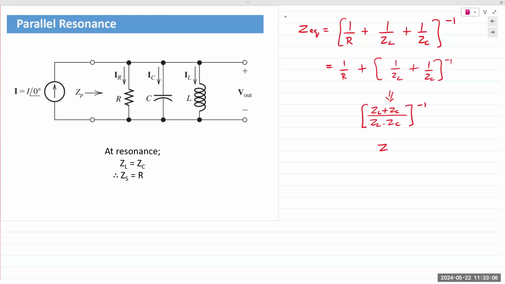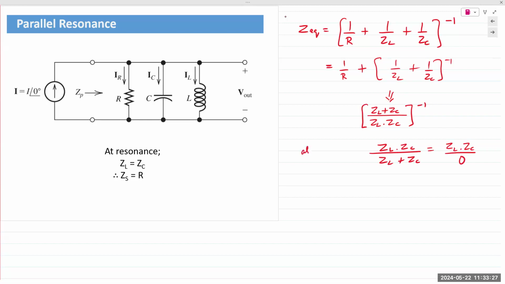So we are only looking at the parallel combination of the inductor and the capacitor. That's all we are looking at right now. We get ZL times ZC divided by ZL plus ZC, which, at resonant frequency, the denominator goes to 0.